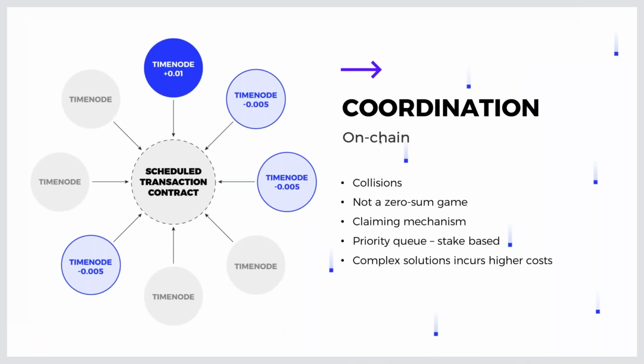Yeah, and the last part, which I think is very interesting, is the coordination games. So why are we actually talking about collisions? Because what we're doing here with delegated execution is that we incentivize multiple agents to work for us, but we do this by default in an uncoordinated way.